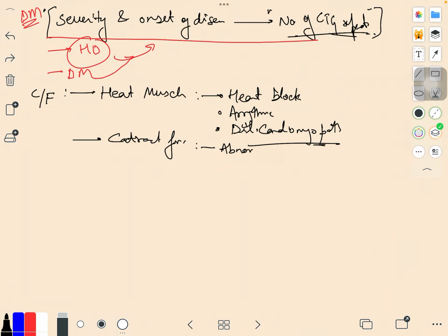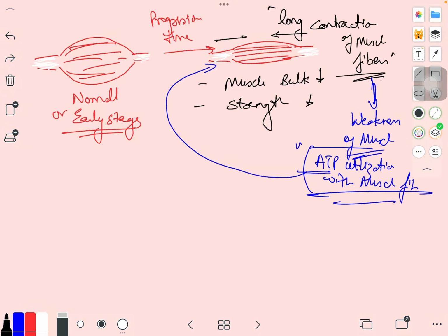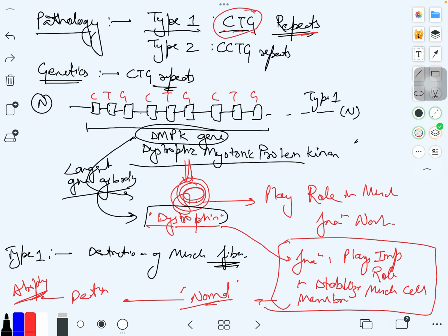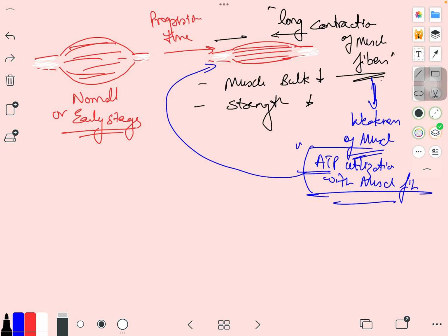Along with the DMPK gene, there can be some other genes involved in the same case, which will lead to abnormal protein formation, abnormal lens protein formation. Okay, and this usually can be explained by the other type, type 2. So we just discussed that there were two types.